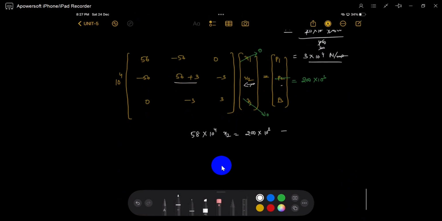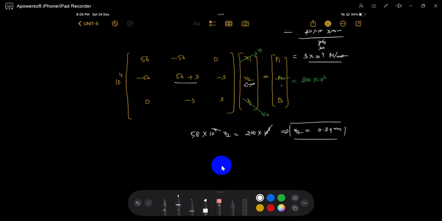What is u2? 0.34 centimeters, or mm? I think mm. 0.34 mm. So the 3 cancels: 200 divided by 580. So 0.34 mm, because everything is in mm.